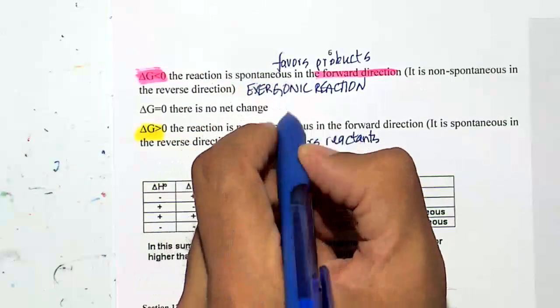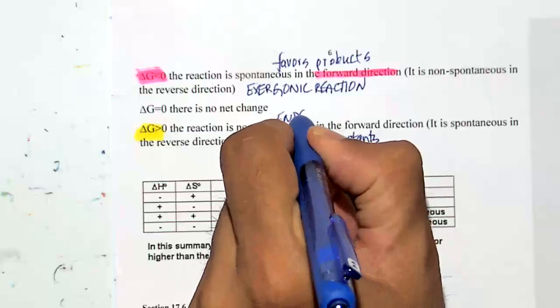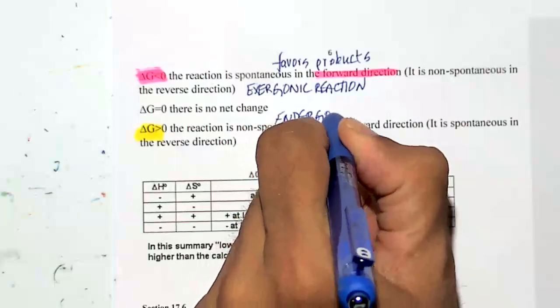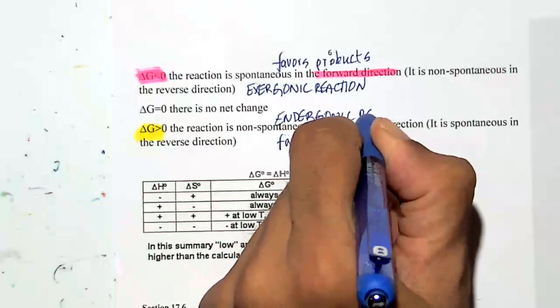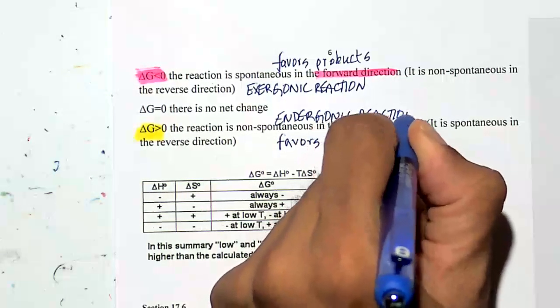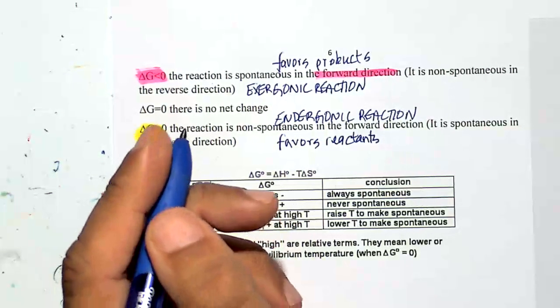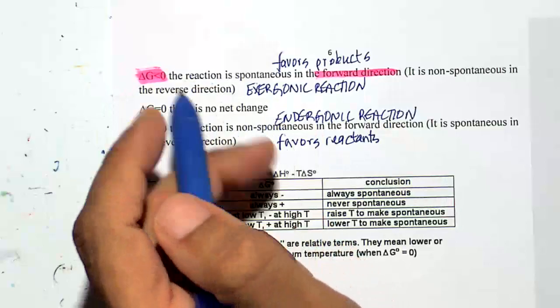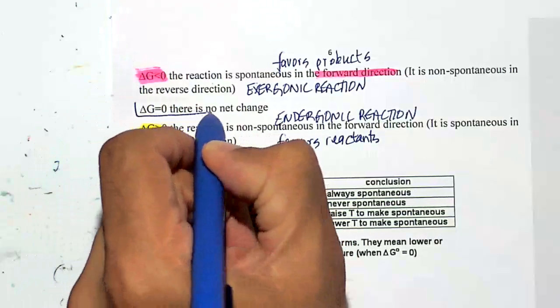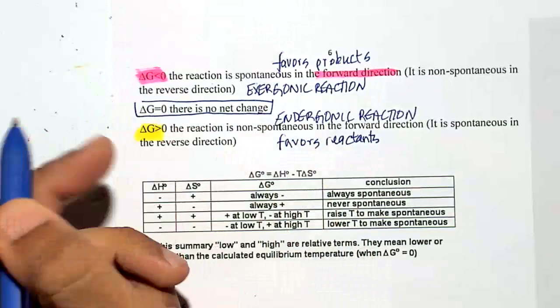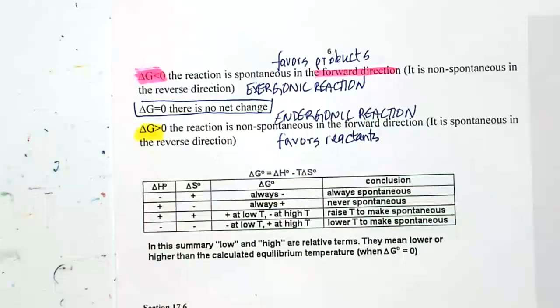It does not move forward to products. It's called an endergonic reaction, and it requires energy. Okay, if your delta G is 0, it does not favor reactants, it does not favor products.